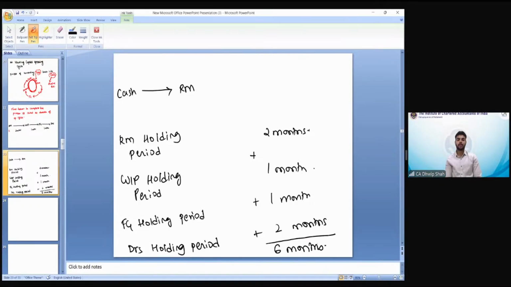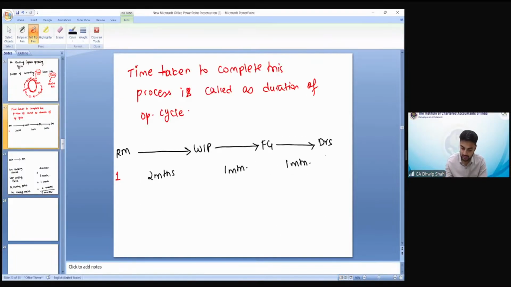Are you getting this? So my duration of operating cycle is 6 months. Means आज जो मैंने पैसा जेब से निकाला है on day 1, that cash I am receiving after the period, after the end of 6 months. Are you following? Are you getting this?